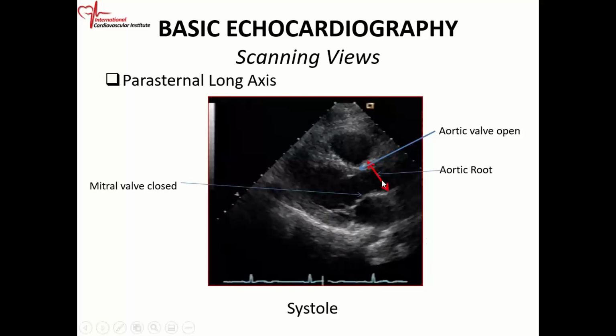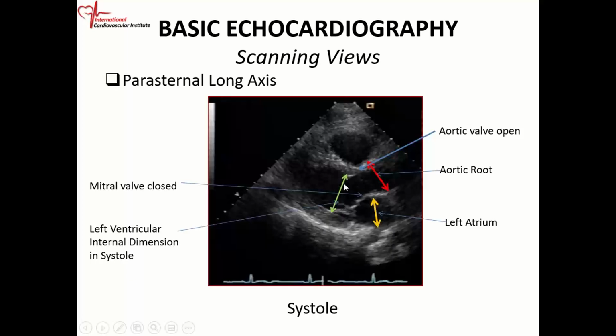This is a diastolic measurement. The aortic root is measured in diastole, so it should have been around there. But you also want to measure your left atrium in diastole, and this is how it's done.